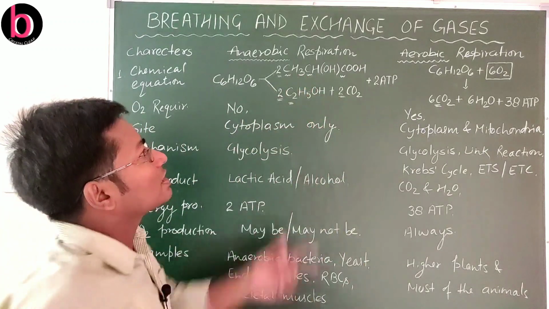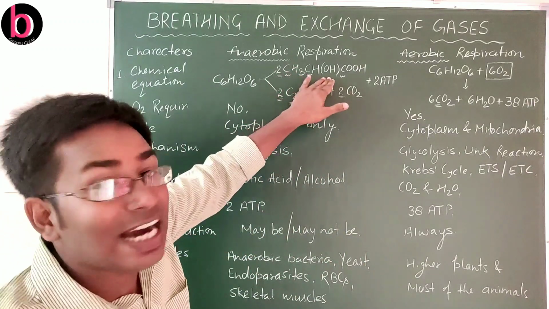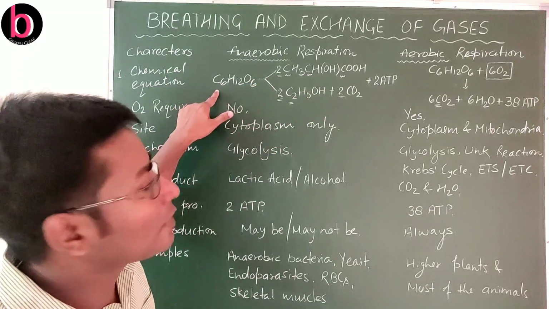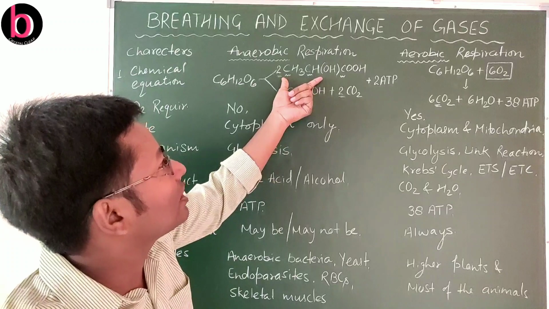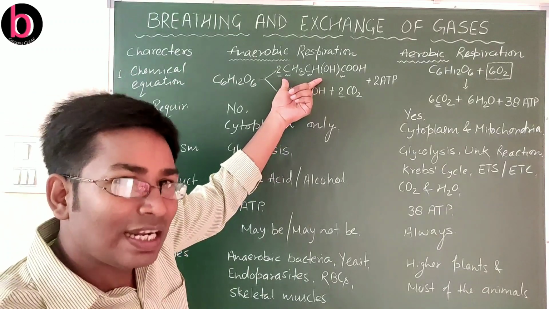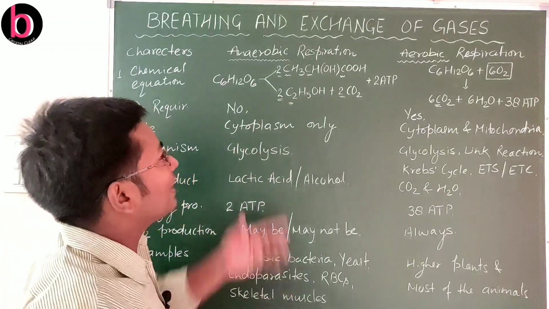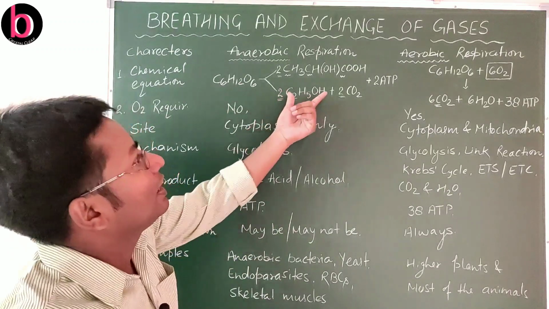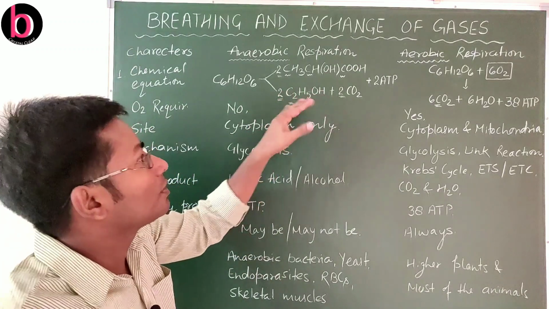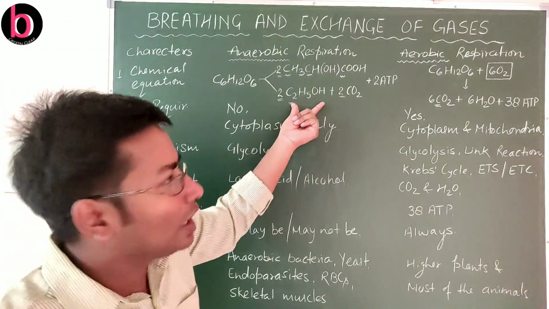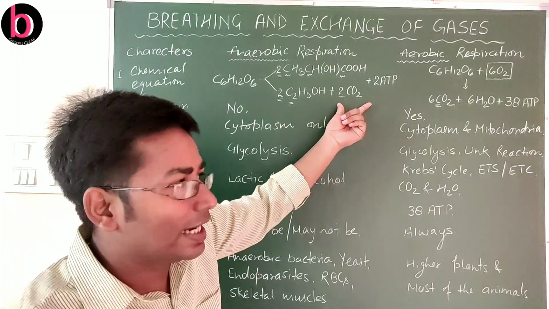So here lactic acid is a 3 carbon compound, and glucose is a 6 carbon compound. So there will be formation of 2 molecules of lactic acid. Now there may also be another type of anaerobic respiration where lactic acid is not produced, but in place of that there will be production of alcohol and carbon dioxide.